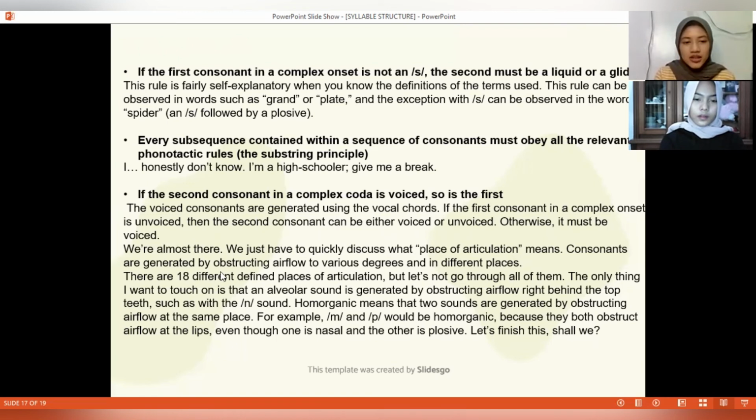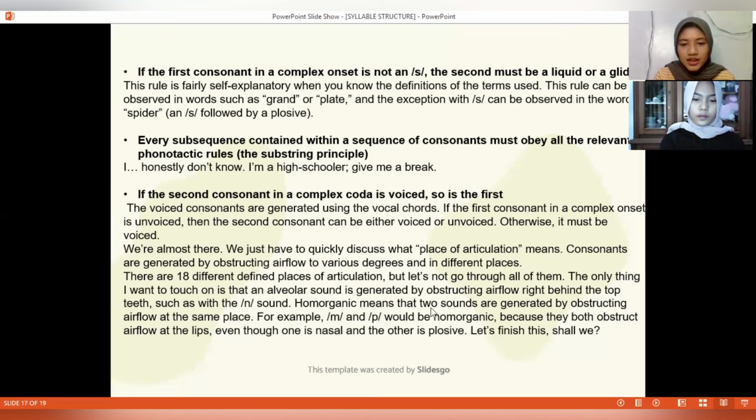Consonants are generated by obstructing airflow to various degrees and in different places. There are 18 different definite places of articulation, but let's not go through all of them. The only thing I want to touch on is that an alveolar sound is generated by obstructing airflow right behind the top teeth, such as with the N sound.